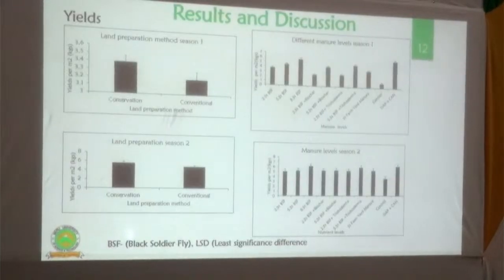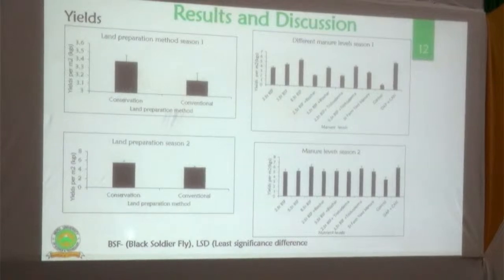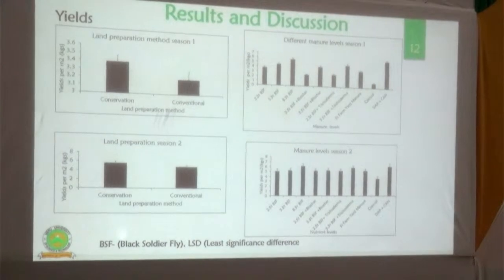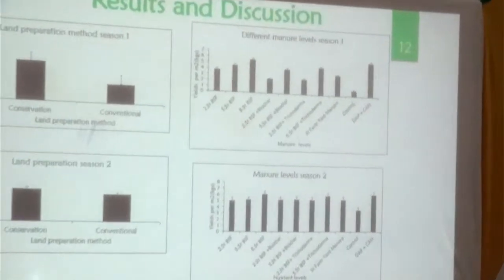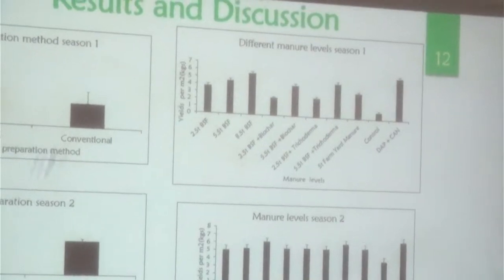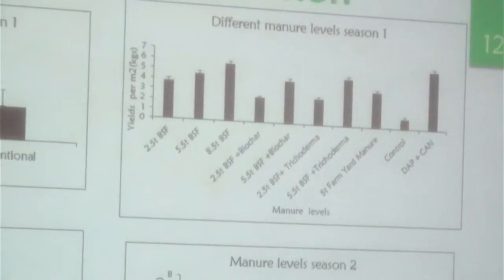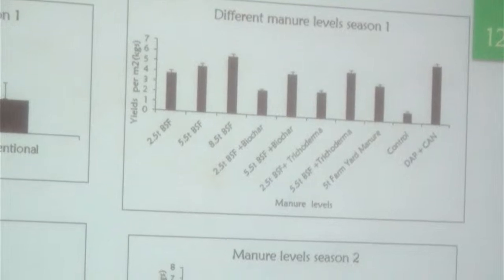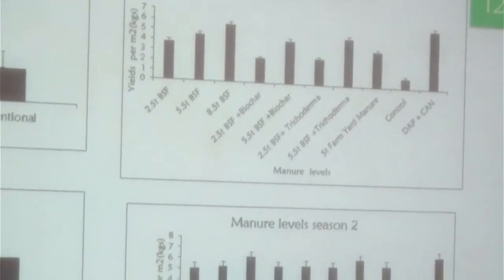I'll explain that. On the yield, the conservational land preparation method recorded the highest, followed by the conventional. And for the case of different manure levels, the ones with DAP plus CN recorded the highest because the nutrients were instant compared with the others for the organic nutrient levels.